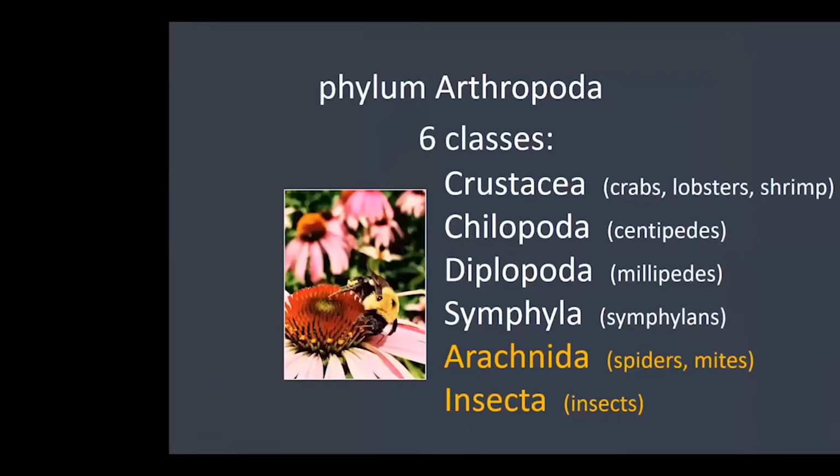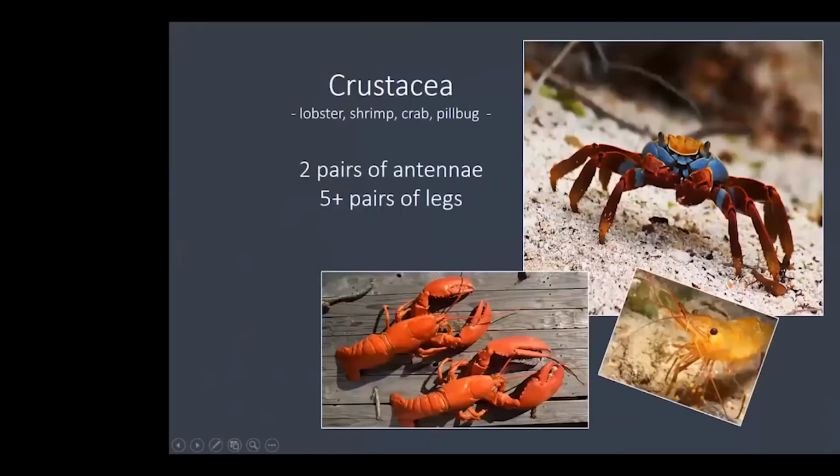With the arthropoda, there are 6 different classes: the crustacea, chilopoda, diplopoda, symphyla, arachnida, and the insects. With crustacea, every time you go out and eat at Calhoun's or some other restaurant, Chesapeake's, you'll be eating an arthropod that is related to insects, right?